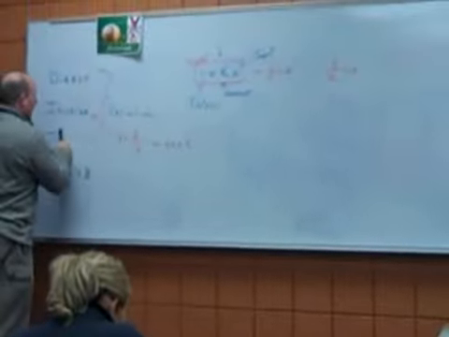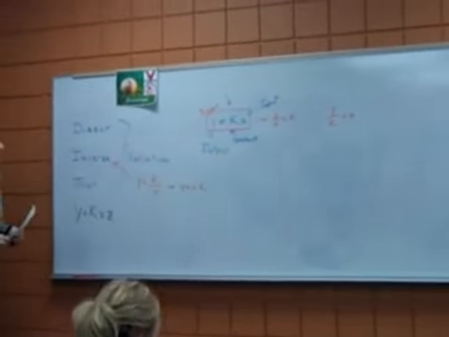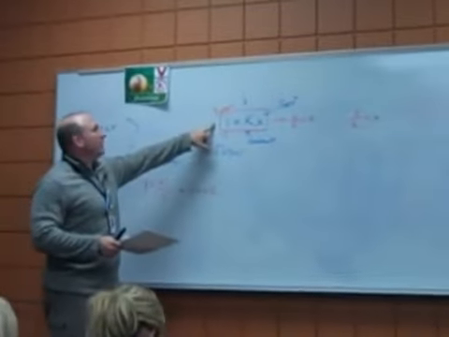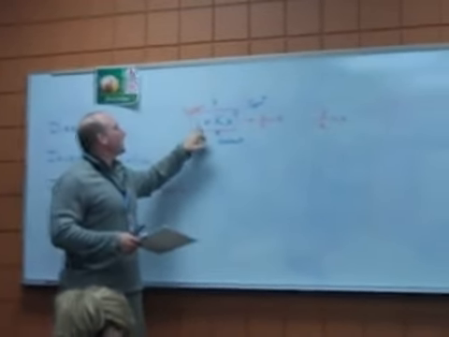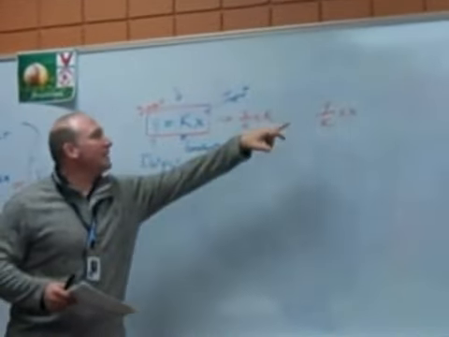Okay. We talked about these three forms of variation: direct, inverse, joint. We took direct, and we talked about y equals kx. K is your constant. We can rearrange it a little bit if you want.